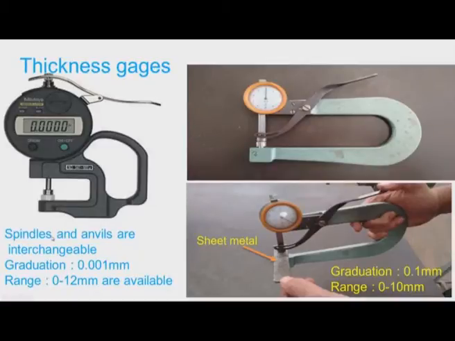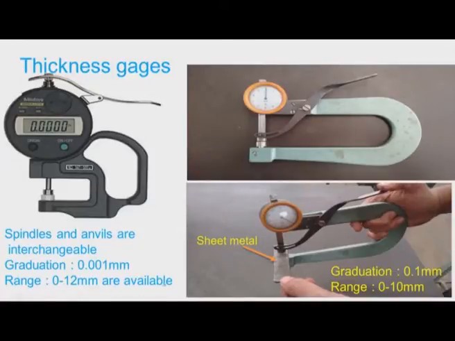There are various kinds of spindles and anvils; interchangeable anvils and spindles are available for various applications. The graduation can be 0.01 mm or 0.001 mm, and the range is 0 to 10 mm or 0 to 12 mm.